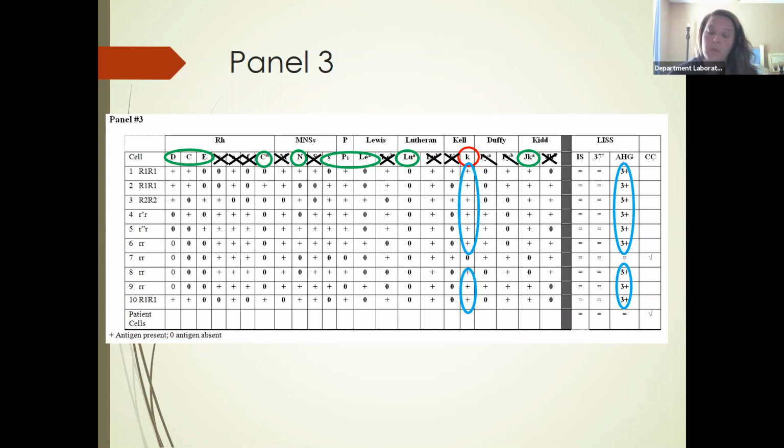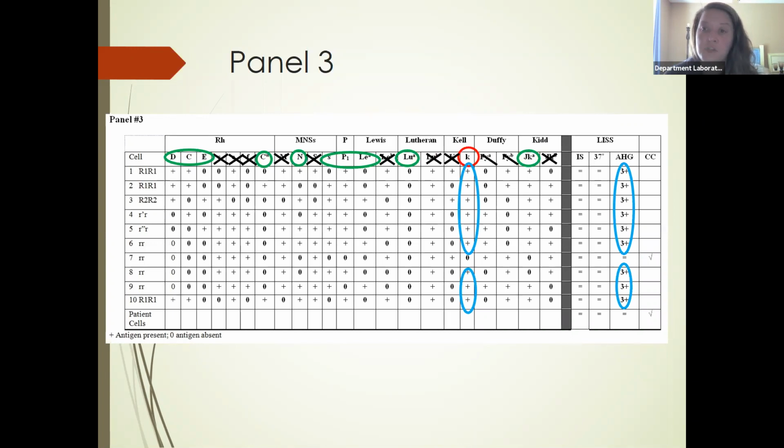All right, so what are some ways that we could eliminate our other antibodies? Number one, you could run some select cells, right? This is going to take some work though, because notice you only have one Chelano negative cell on this panel, right? So you're going to have a lot of panel cells in your toolkit, and several other panels to choose from.